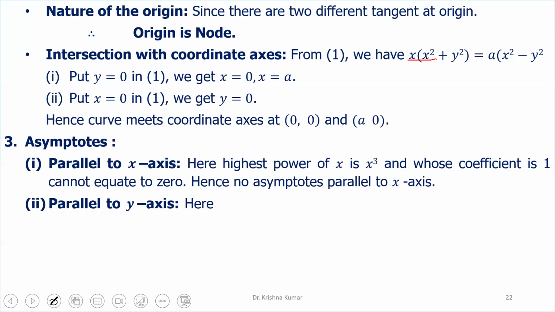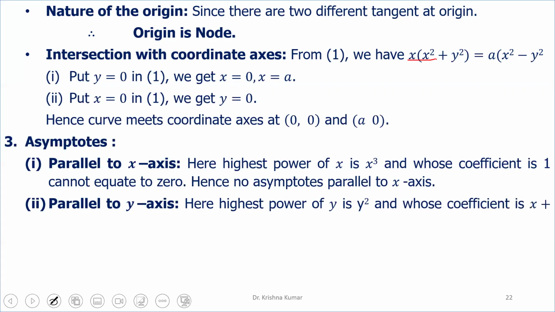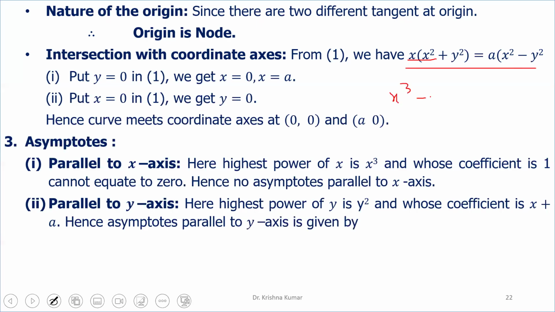Similarly, parallel to the y-axis, here the highest power of y is 2 and whose coefficient is x plus a. Now just look here, if we simplify it, x cube plus xy square is equal to ax square minus ay square.